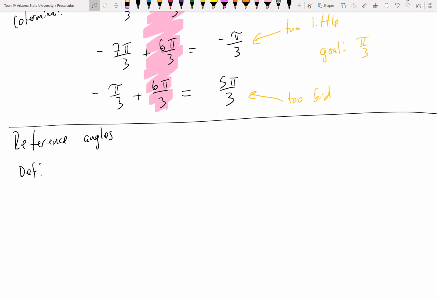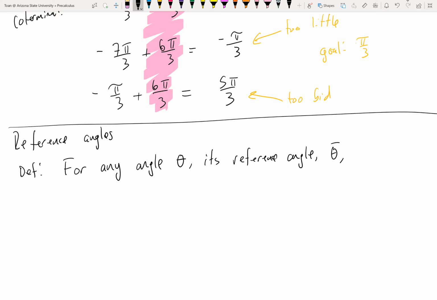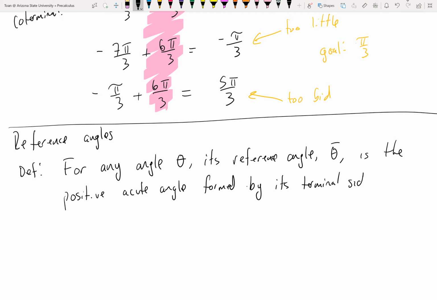So what is a reference angle? Well, by definition, for any angle, and this is the symbol that we typically use to denote angle theta, its reference angle, and the symbol we typically use for reference angle is a little bar underneath the angle, is the positive acute angle formed by its terminal side and the x-axis.